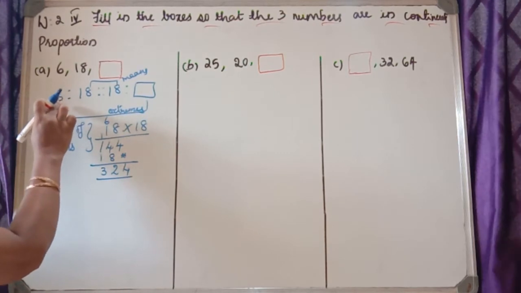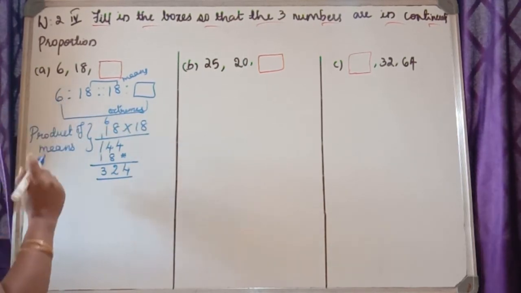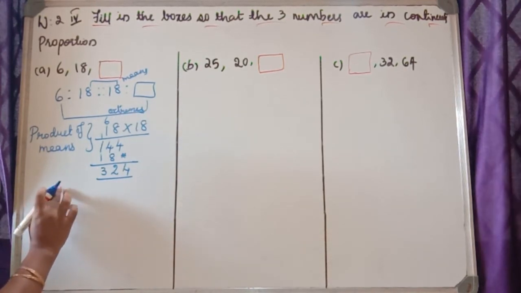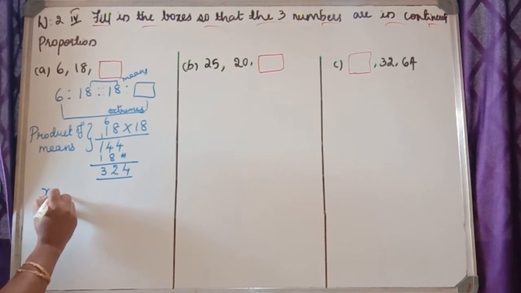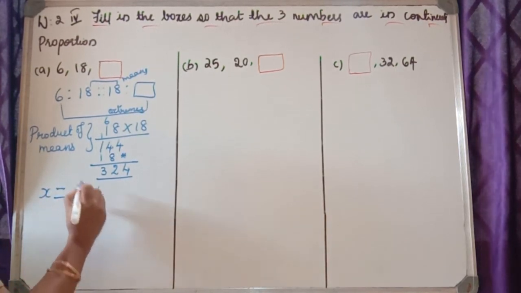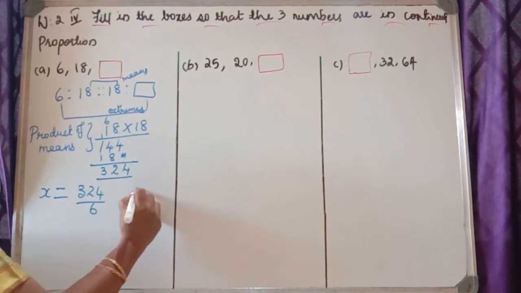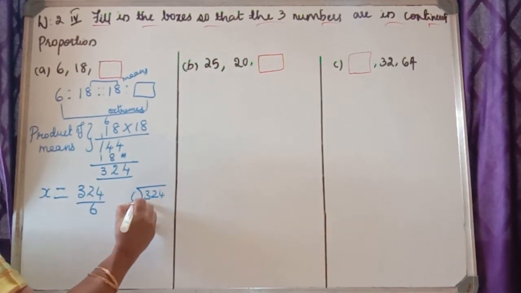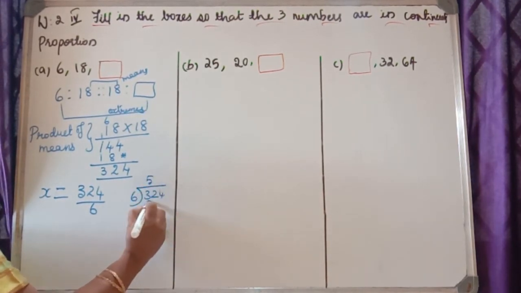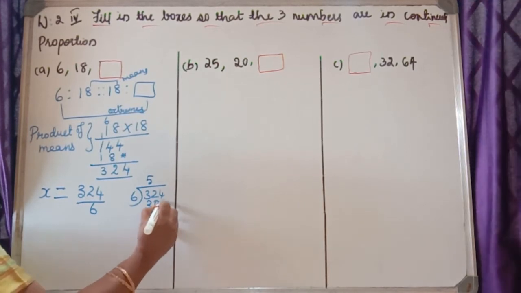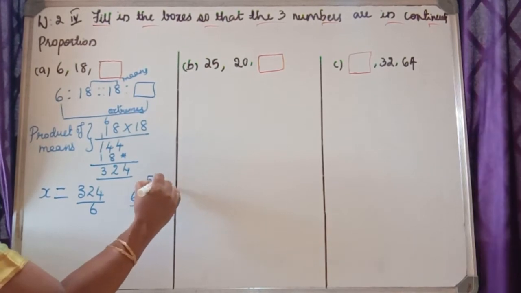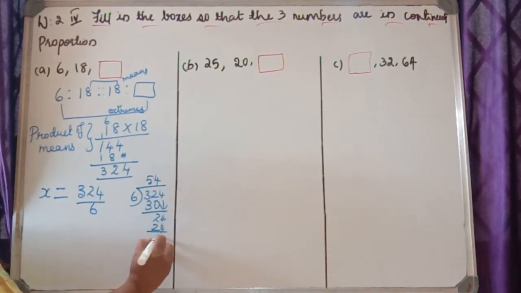Now we have only one term in the product of extremes. We want to find the other term. We'll consider the other term to be x. x is equal to 324 divided by 6. In 32 how many 6s are there? 5 6s are 30. Remainder 2. Bring the 4 down, 24. How many 6s are 24? 4 6s are 24.